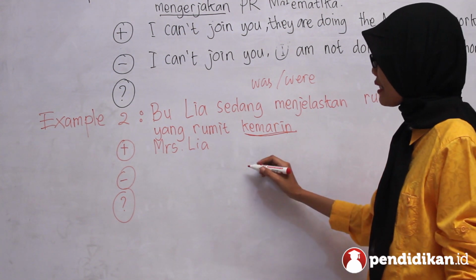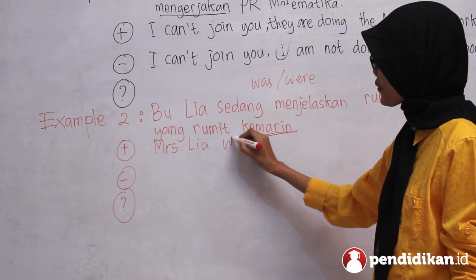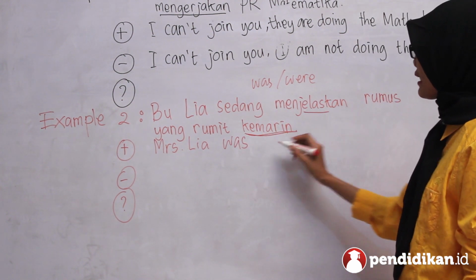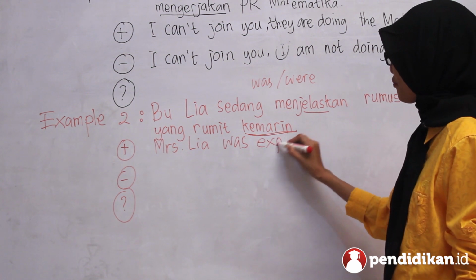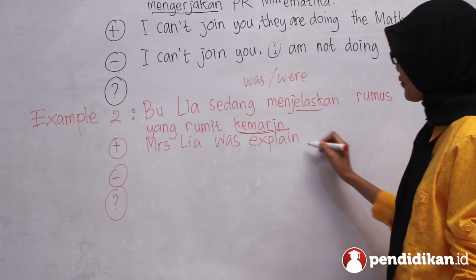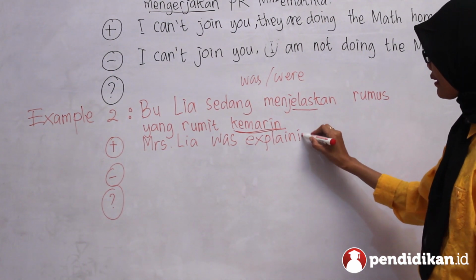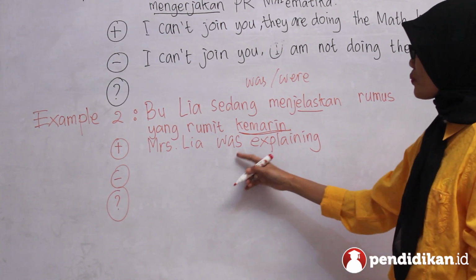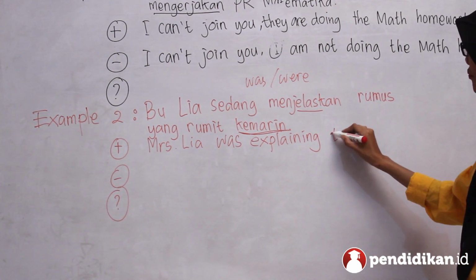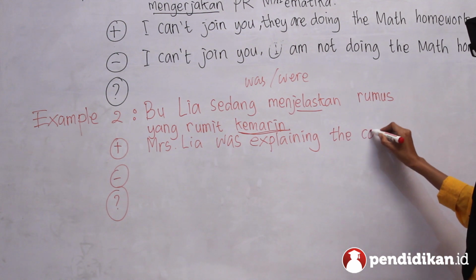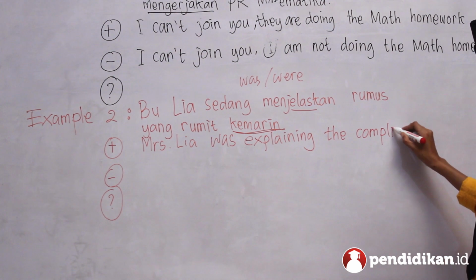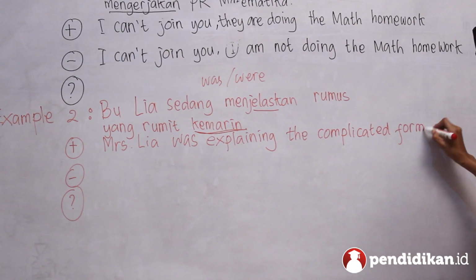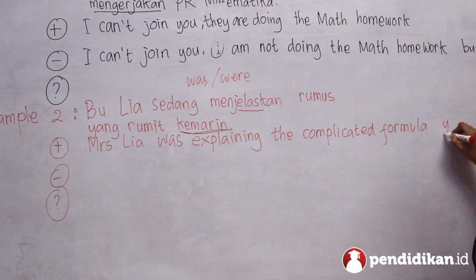Because Mrs. Lia is singular, we use was. Menjelaskan, explain. Don't forget, we put ing. Mrs. Lia was explaining the complicated formula yesterday.